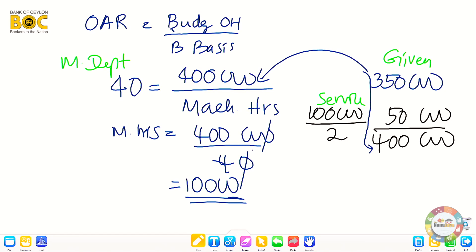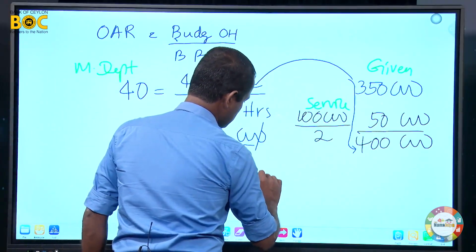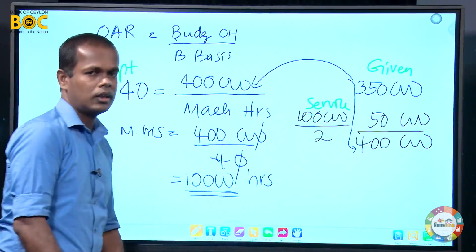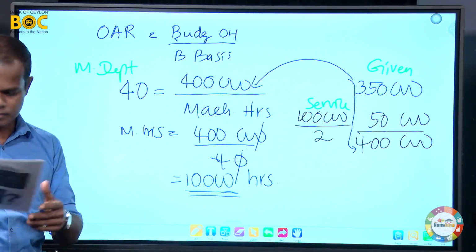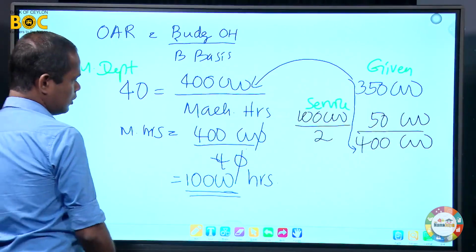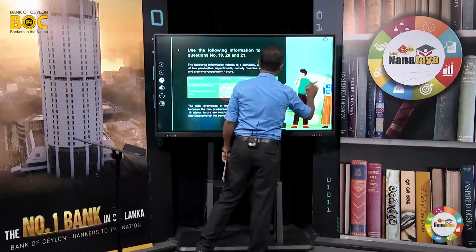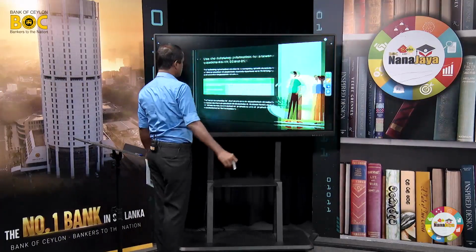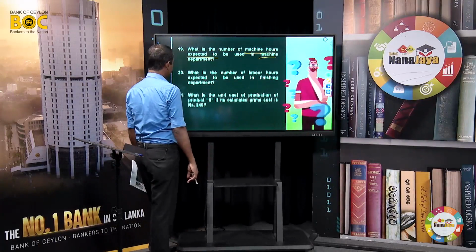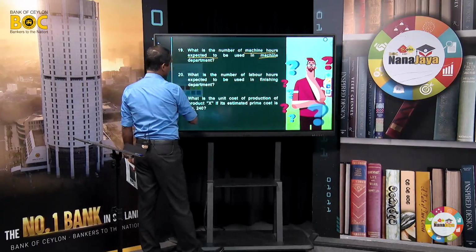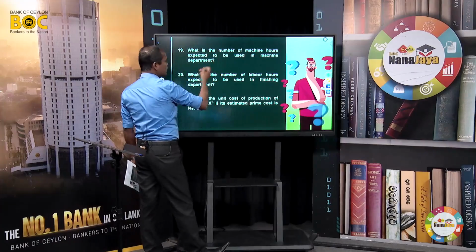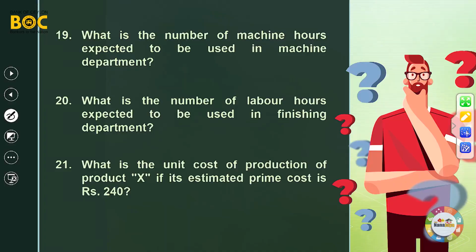The budgeted machine hours to use is 10,000. What is the number of machine hours expected to be used in the production department? 10,000 machine hours.